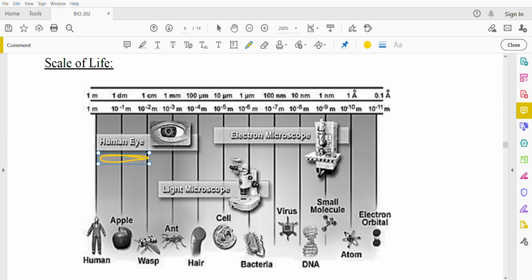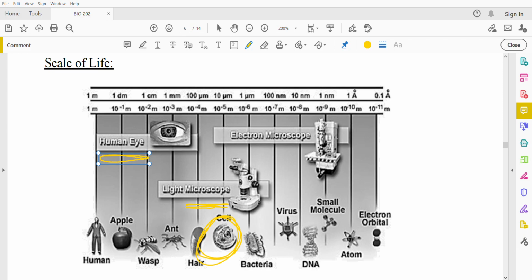So we needed the development of microscopes before we were able to study different parts of the cell. With the naked eye, you can probably see on most cells maybe the outline of the cell, and if you're really observant, you might be able to see the nucleus of the cell, but that's about it.